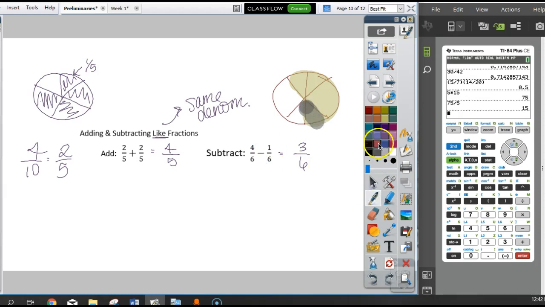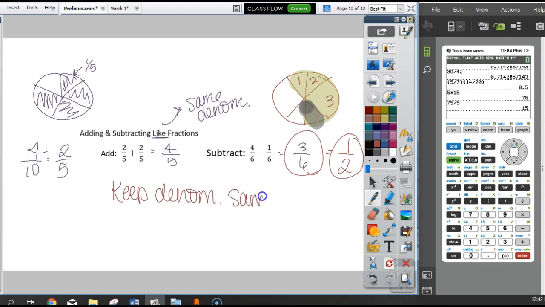Well, that leaves me with 3 of 6 of that pizza, which could be reduced to 1/2. So when your denominators are the same with adding and subtracting, it's not a problem. And so the rule is to keep the denominator the same. And then you can add or subtract, depending on your problem, within the numerators.